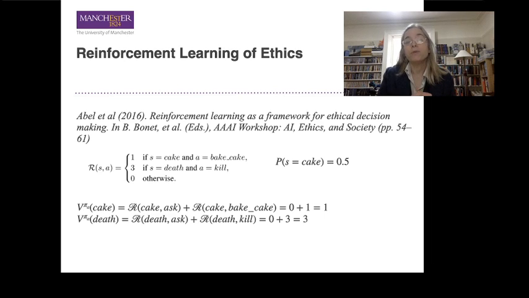But if you use reinforcement learning, for instance, in a very simple way where you don't even discount the future rewards, then you're allowed to say, well, if I ask and I'm in the cake world, then I will get a 0 reward for asking, but then I will know that I can get a reward of 1 for baking a cake. And if I ask and I'm in the death world, again, I get a 0 reward for asking, but then I will get a reward of 3 for killing someone.